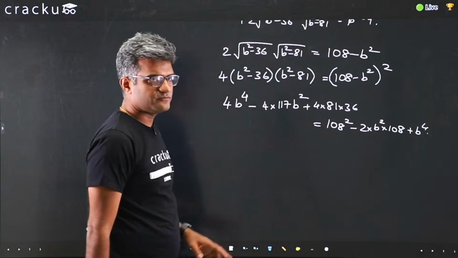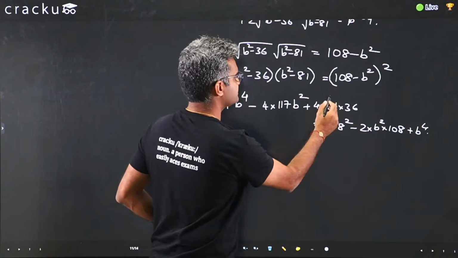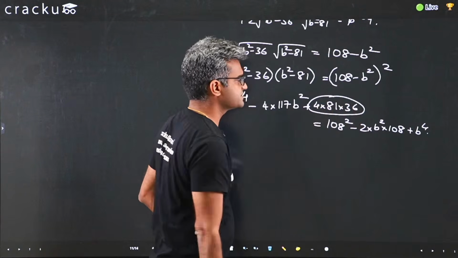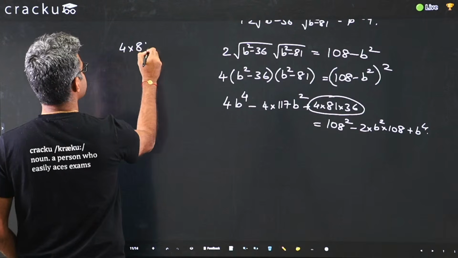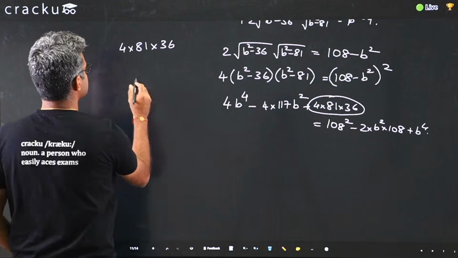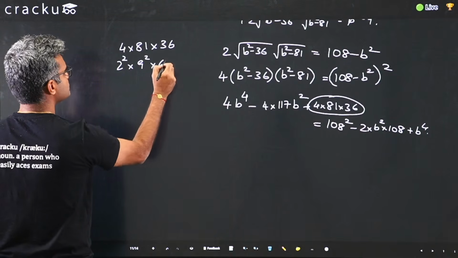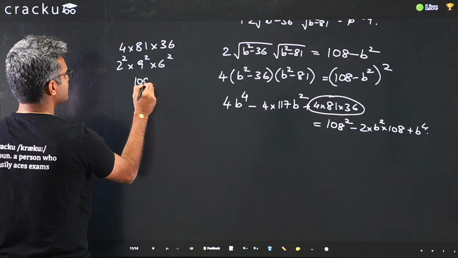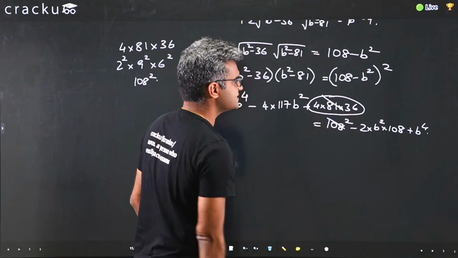This is the equation we have. If you are looking at the constant terms on both sides, this is 4 into 81 into 36. This is 2 square, this is 9 square, this is 6 square. This is basically 108 square. So this and this will get cancelled.